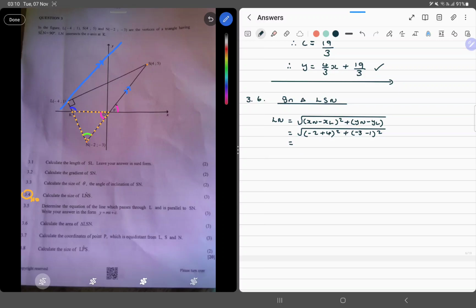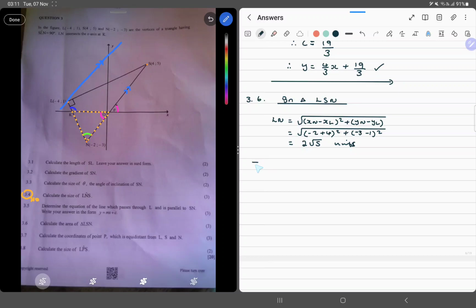So we've got the square root of (-2 plus 4) all squared, plus (-3 minus 1) all squared. So we're getting 2√5 units. Okay, so that is important. It's an intermediate step, we leave it like that.